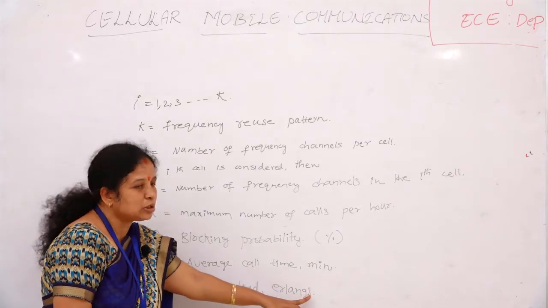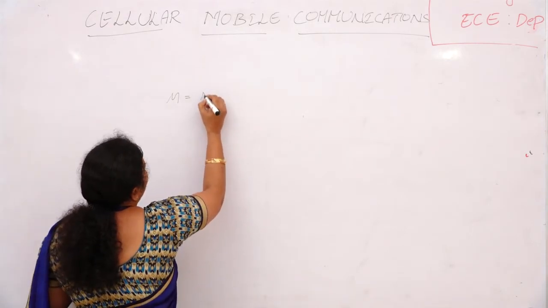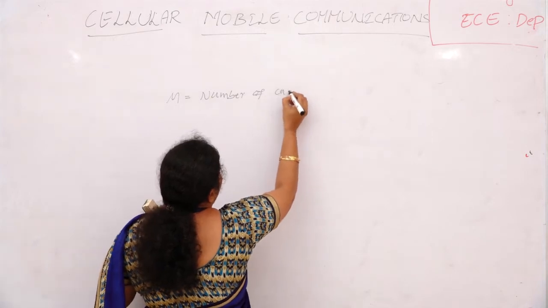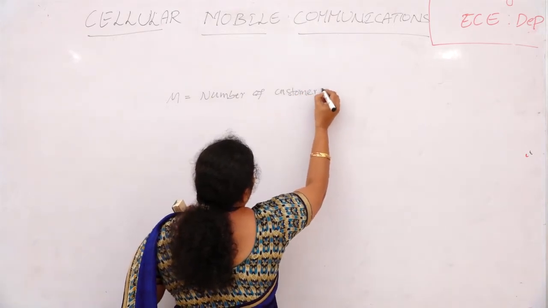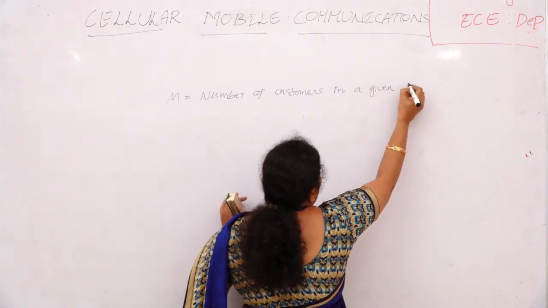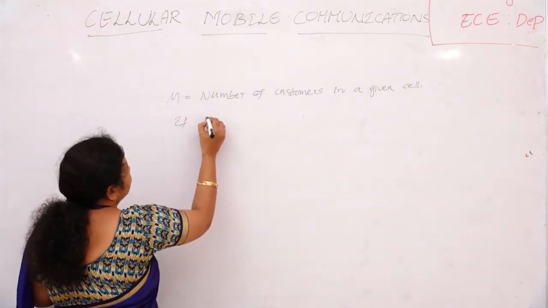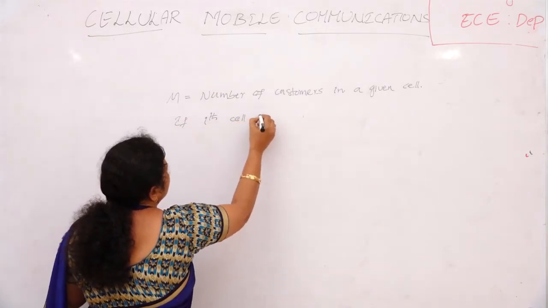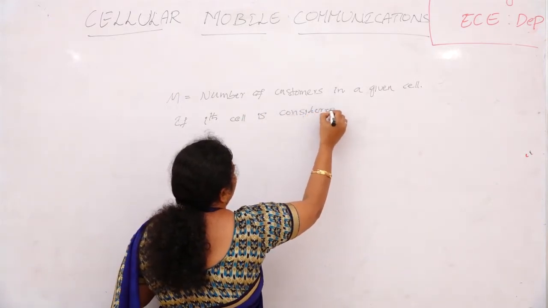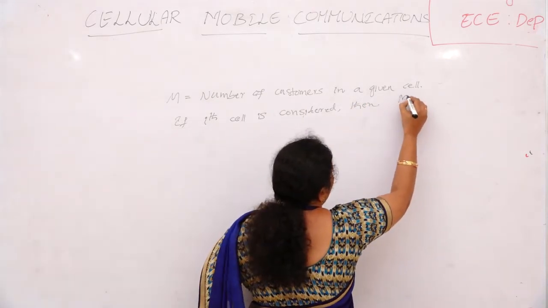This offered load is always measured in terms of erlangs. It is the indication for the number of customers in a given cell. If the ith cell is considered, then it is termed as Mi.